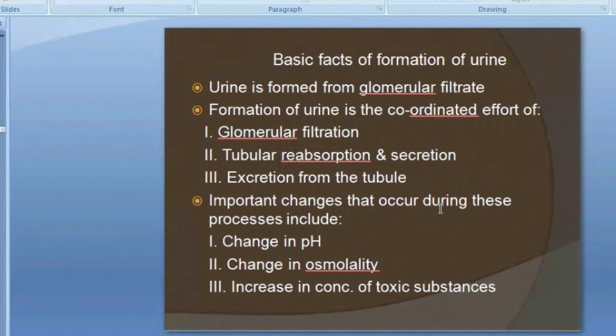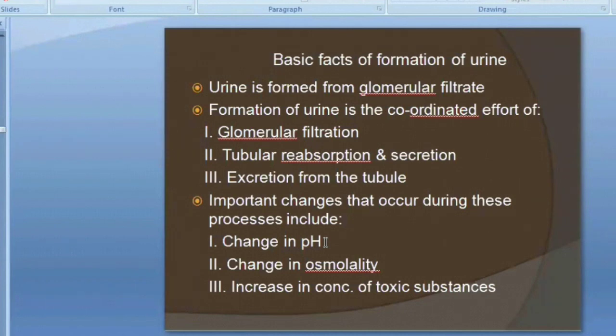Think of the pH of blood and the pH of glomerular filtrate, that is the normal pH of the body. That means 7.4 on average, 7.35 to 7.4. This is the pH of the body. This pH turns acidic in urine. Urine is acidic.